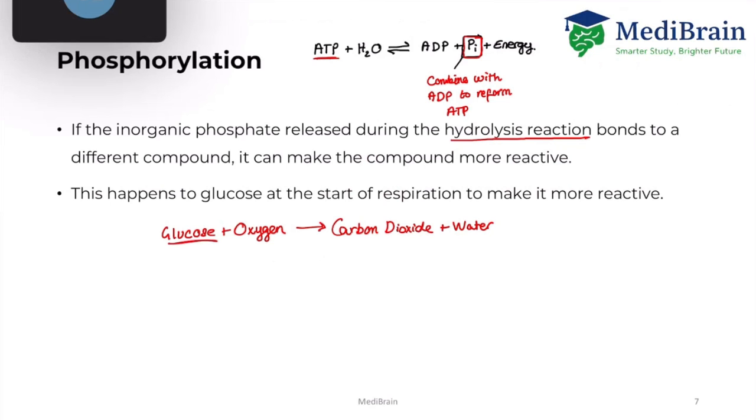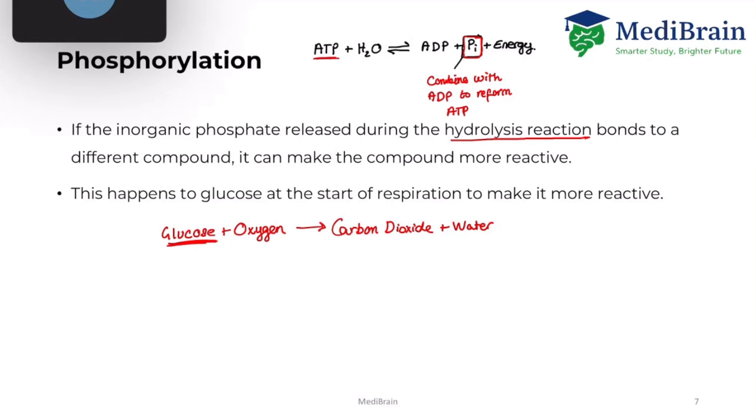Now, glucose needs to react, right? How does glucose react? There's a whole unit on respiration, which is a later topic. However, in order for glucose to take part in the respiring process, it needs to become a bit more reactive. It's very unreactive, partly because glucose has many bonds.